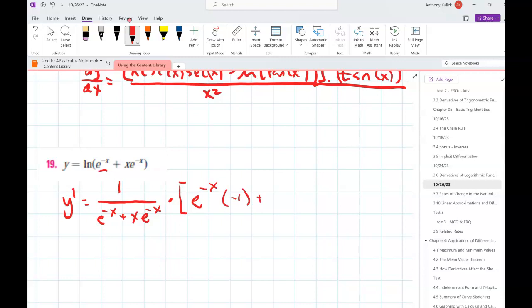Right? How do I do the derivative of x e to the negative x? Product rule. So I'm going to have x times the derivative of e to the negative x, but I already did that. So just copy that again. And then I'll have the derivative of x times e to the negative x.